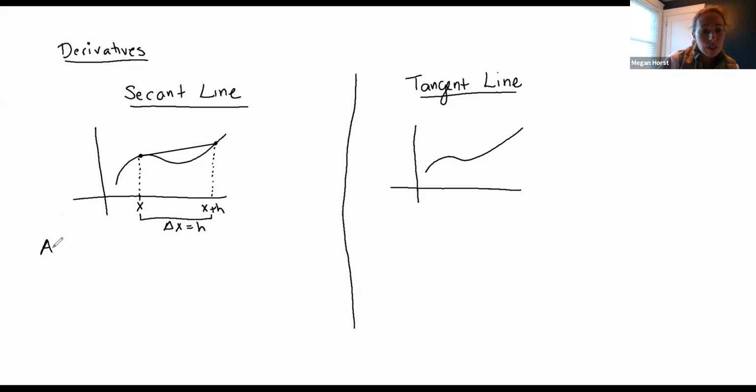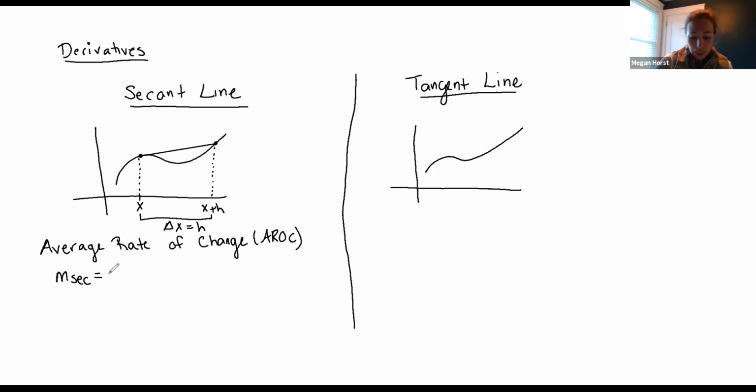So our average rate of change, or our AROC, that's also representing the slope of the secant line. So I'm going to say m sec to represent secant, is going to be f of x plus h subtract f of x all over x plus h subtract x.